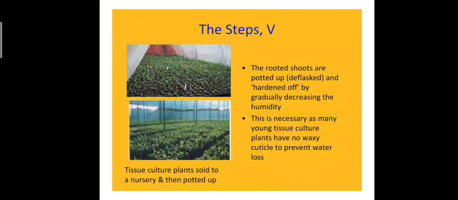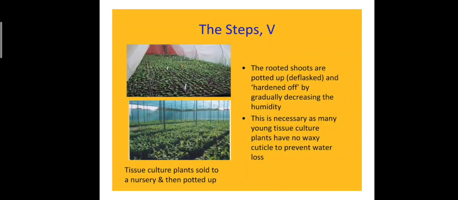We transfer them step by step to ex vitro conditions. After taking them to the greenhouse, we then gradually take them out to the field or outside conditions. So these are the steps involved in the tissue culture process.